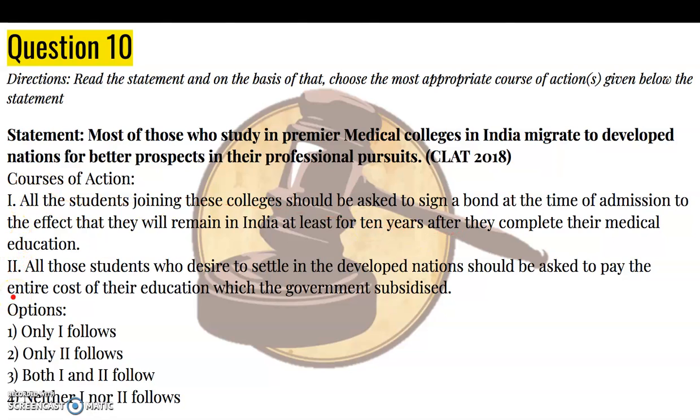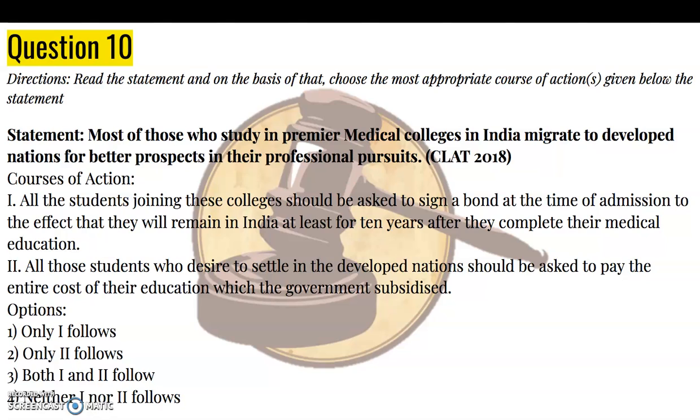Second says that all those who desire to settle in the developed nations should be asked to pay the entire cost of their education which the government subsidizes. If the government has subsidized the cost of their education and it's removing that subsidization, then I think it is fair. It will reduce the number of students who want to move abroad, because subsidy in higher education is not a compulsion.